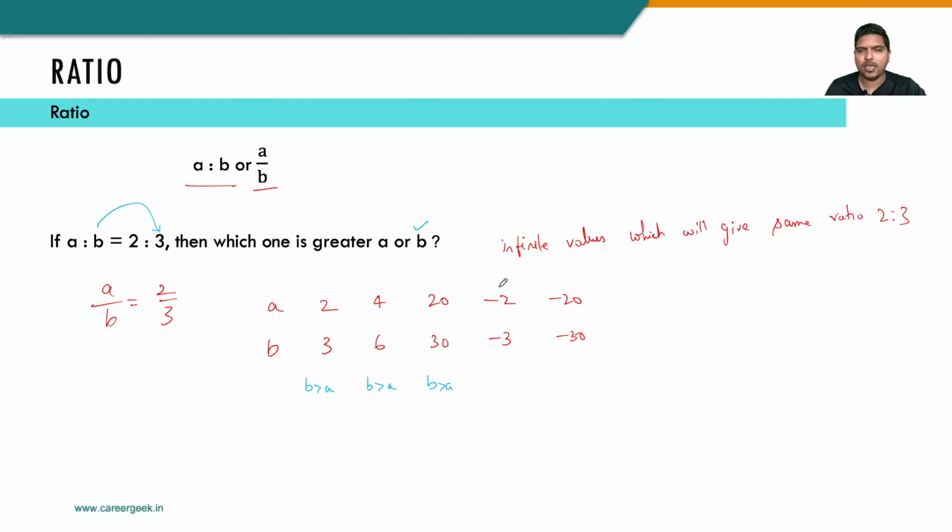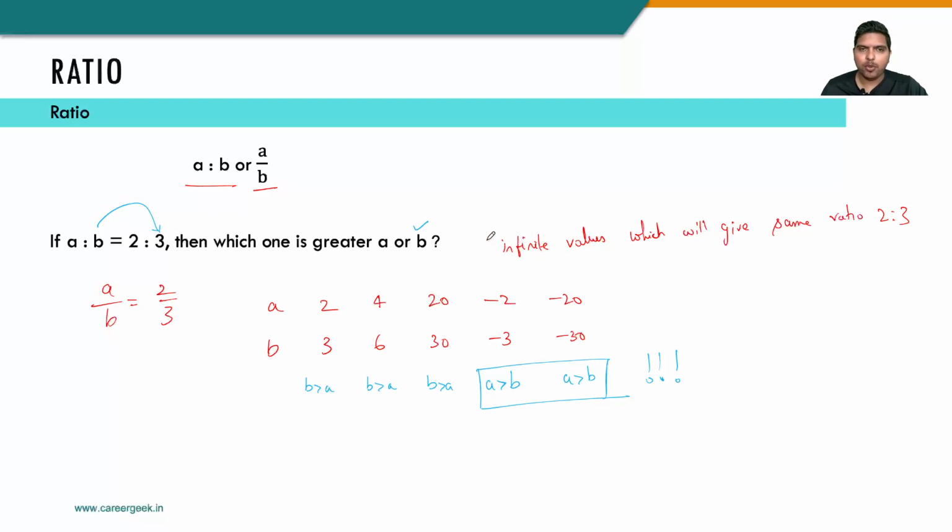You all know that negative 2 is greater than negative 3. Similarly, negative 20 is greater than negative 30. How is this possible? Because B corresponds to the larger value, right?